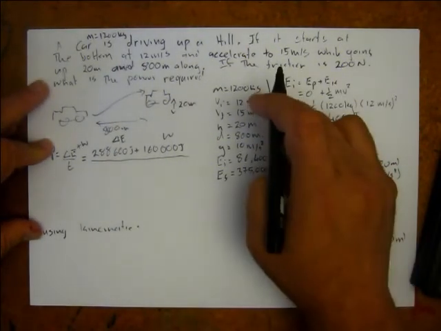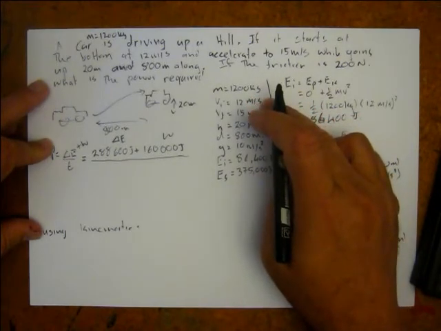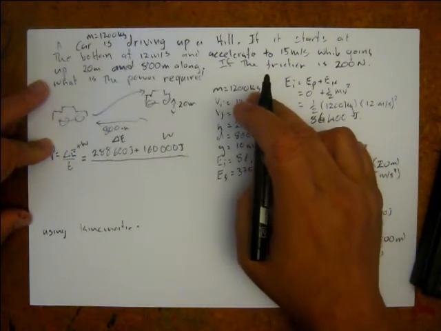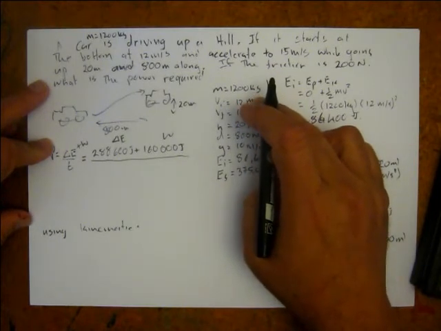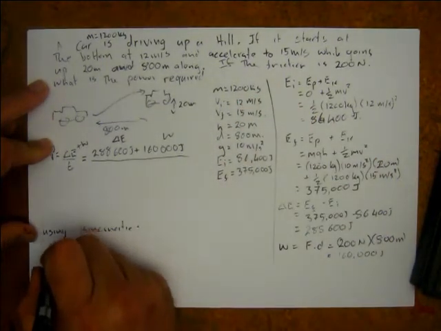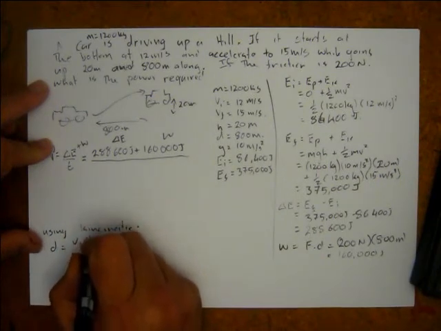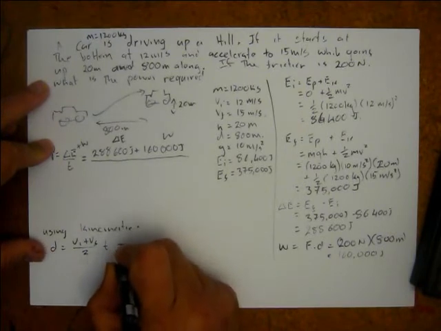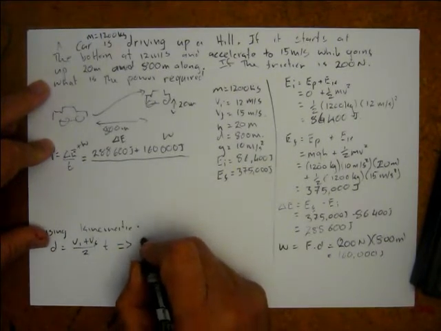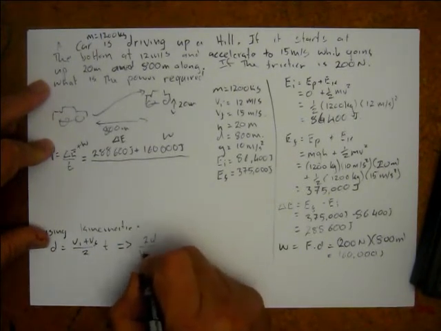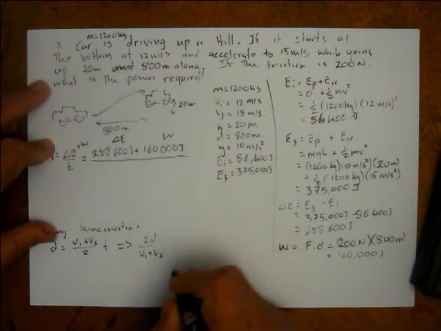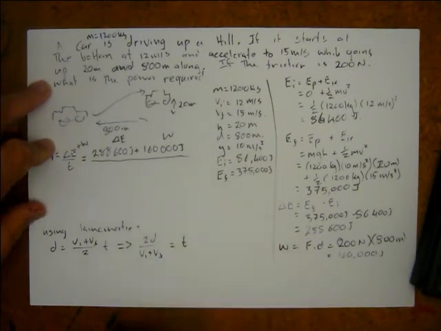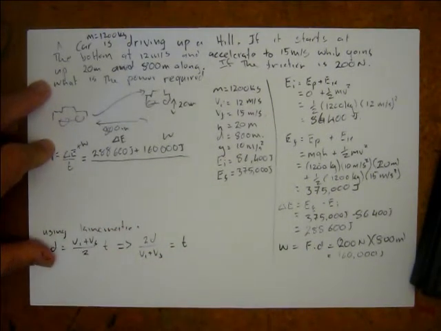We have VI, we have VF, we don't have A, but we do have VI, VF, and D. So D equals VI plus VF over 2, times T. And if we rearrange that, it becomes 2D over VI plus VF equals T.